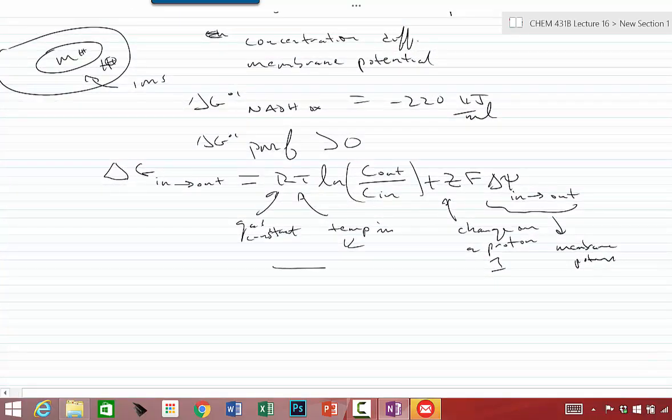As I said before, this component on the left contributes to delta G in terms of the concentration difference of the protons, and this on the right is the electrical term, and that also contributes to the delta G. So this is the chemical component, and this is the electrical.